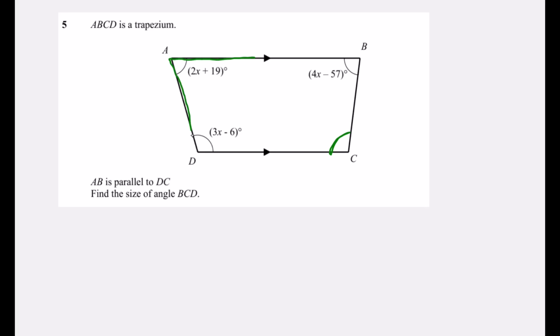So when we've got 2 parallel lines, if you walked along this straight line and then walked back along here, you would have turned around 180 degrees. These are called co-interior angles. So co-interior angles always add to 180 degrees.